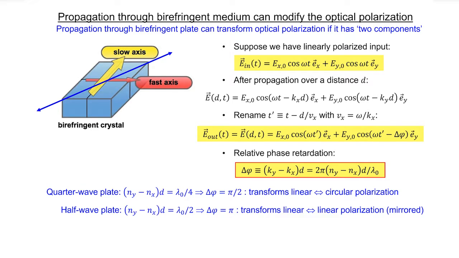Propagation through a birefringent crystal can modify the optical polarization, which is sketched in this figure. So we start with linear polarized input as an example, and we take care that the linear polarization is at a certain angle with respect to the fast and the slow axis of the birefringent crystal.